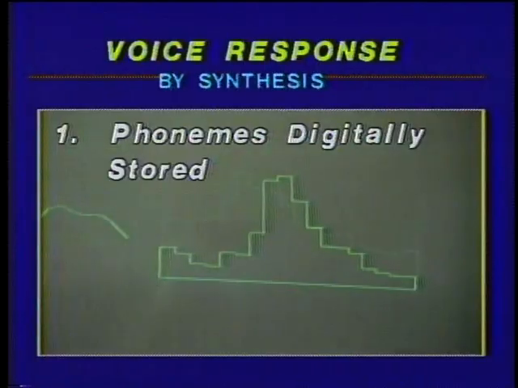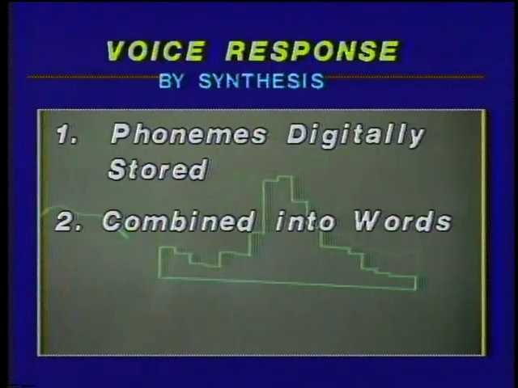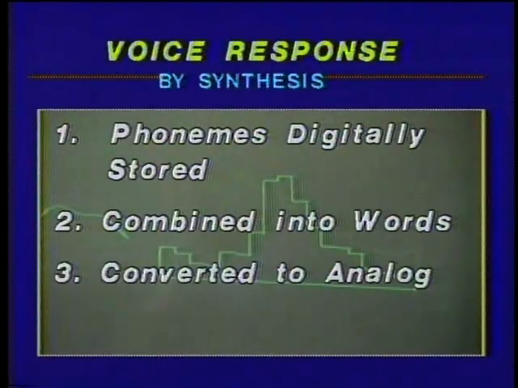The needed phonemes are recalled from computer storage when needed, combined into proper words, and sent to the listener through a digital-to-analog converter. There is a great deal more sophisticated processing which takes place to give the proper inflection to the words and make them sound as natural as possible. The end result today is a very good approximation of human speech.